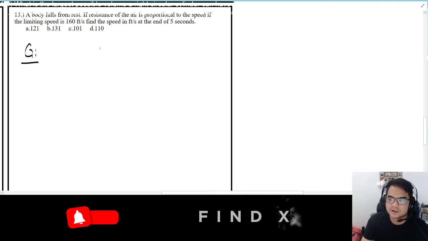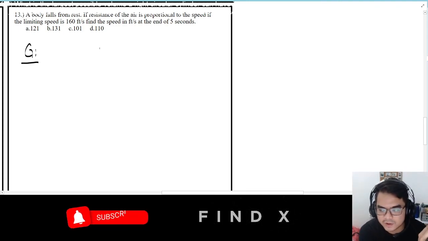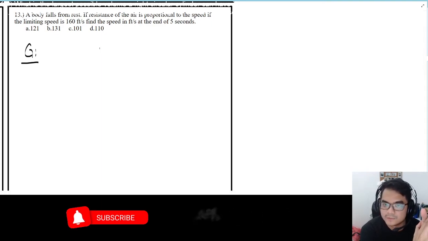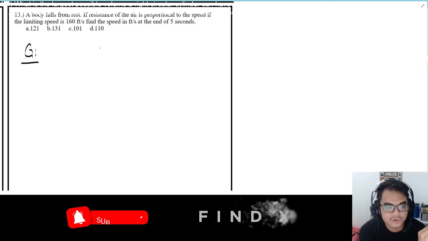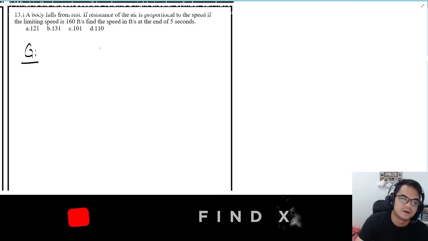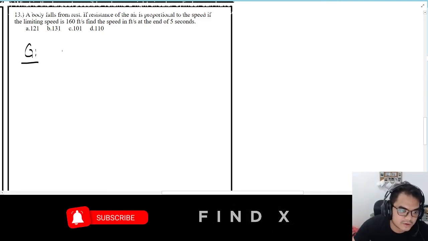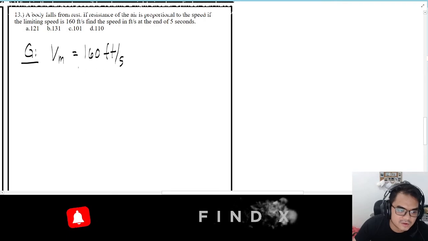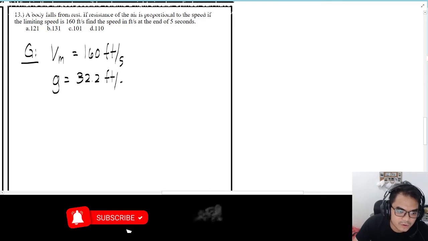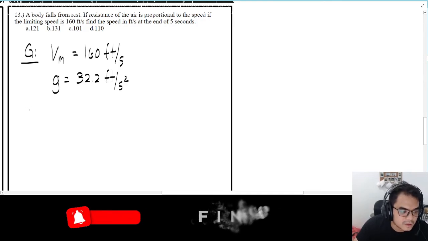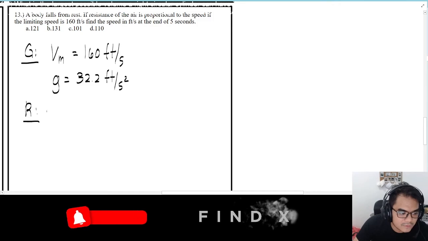However, Newton's second law of motion here in differential equation is quite different, because you also have to consider the resistance of the air. And we have a given here 160, so Vm, or the max speed, is 160 feet per second. Since this is in feet, therefore your g here must be 32.2 feet per second squared. Okay, so we are required to find V.